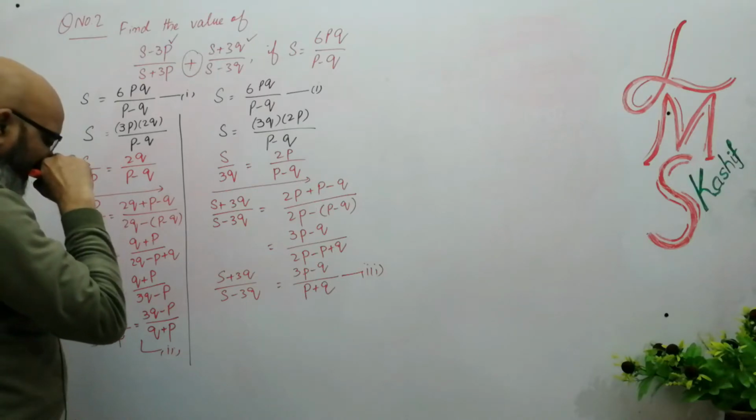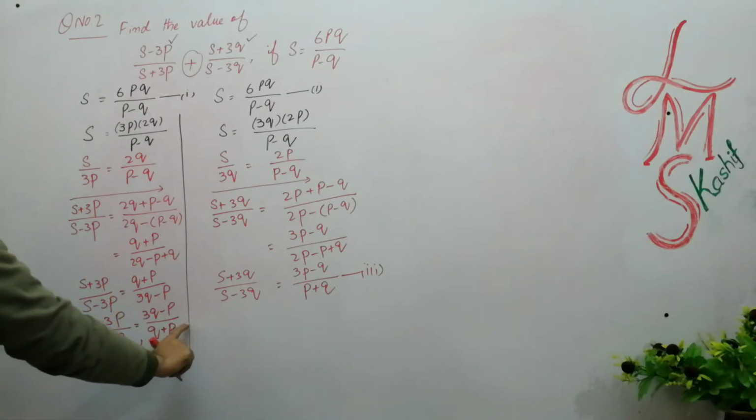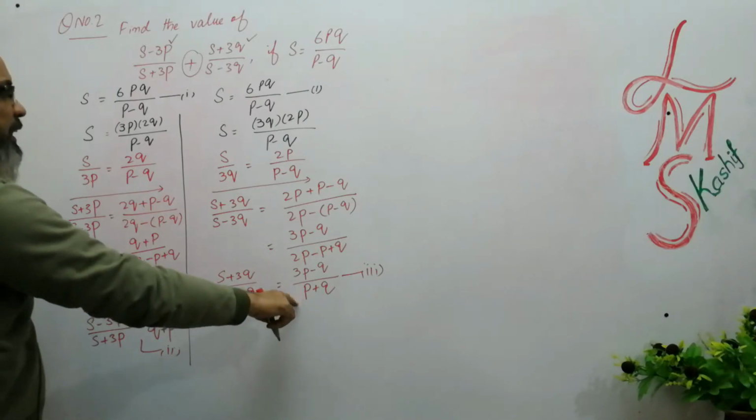What is your equation number 3? Left hand side will be added to the left hand side and right hand side added to the right hand side.